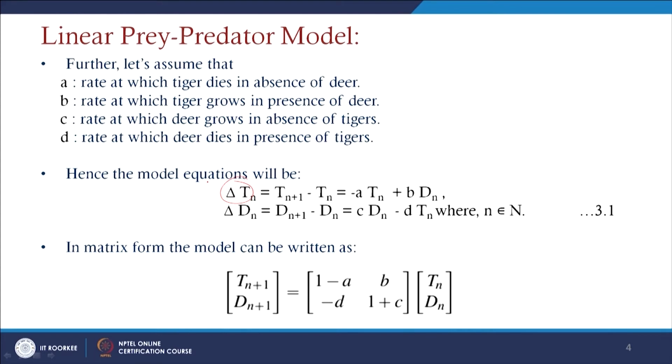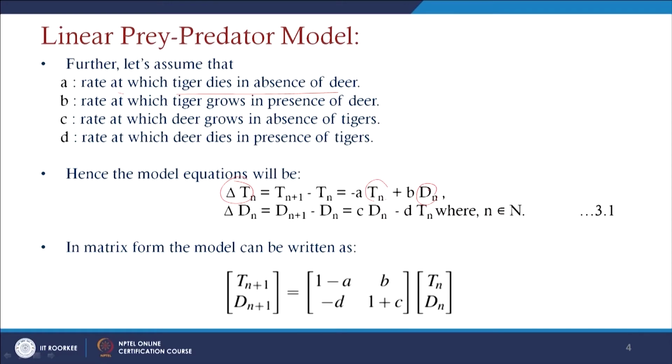Since the rate at which tigers die in the absence of deer is A, the tiger population will decline at rate A, which is why we have multiplied it as minus A into Tn. And B is the rate at which tigers grow in the presence of deer, so that is nothing but B Dn.